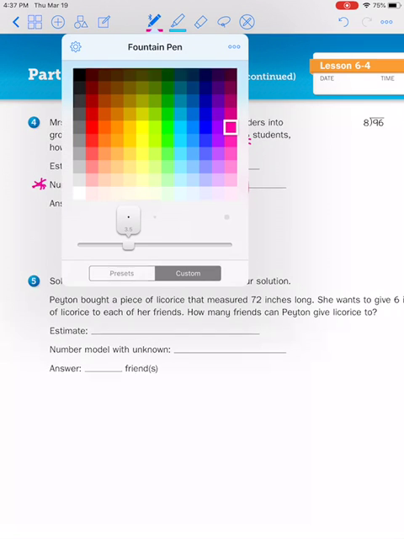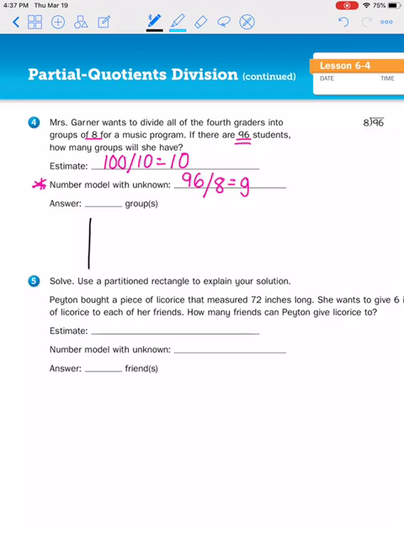So we're going to make those partial quotient rectangles again. I know that I can have 8 people in a group, and I have 96 students. 8 people in a group. Now I know that 8 times 10 will get me to 80.